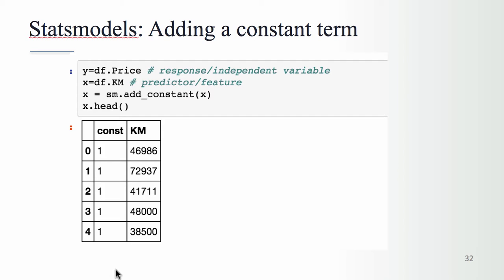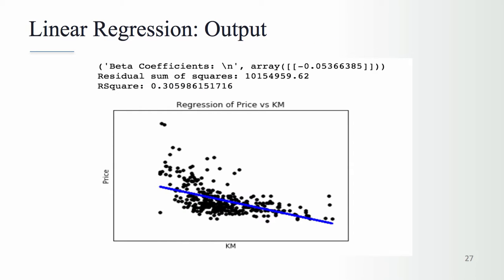Now, in the scikit-learn linear regression model, we didn't have a constant. That's kind of interesting, if you think about it. If you remember correctly, we did price and kilometer. A constant would mean that the line intercepts somewhere on the y-axis.